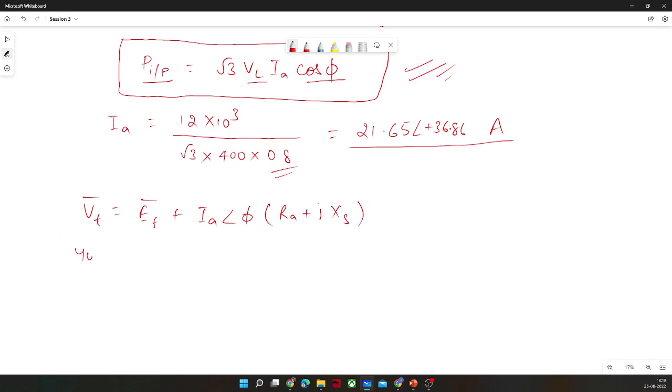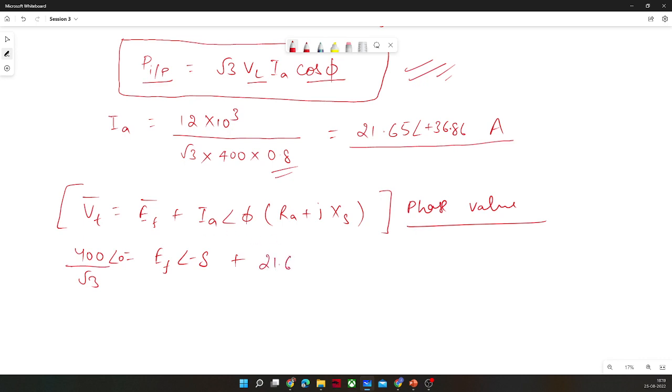VT was 400, so it is 400 by root 3. Whenever we solve this equation, we should try to convert everything to phase values. Otherwise, there would be a mismatch. So 400 by root 3 angle 0 equals EF angle minus delta plus 21.65 angle 36.86 into RA.